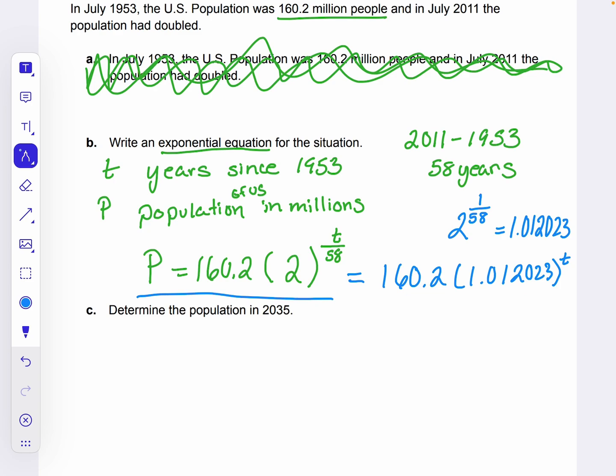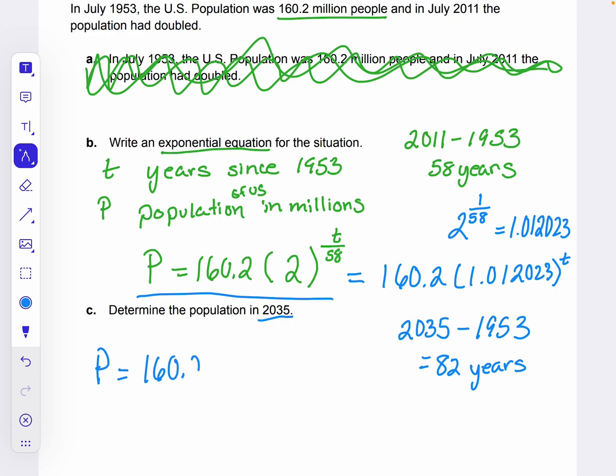Now we're asked, can we use this to figure out the population in 2035? The first thing I need to know is how many years from 1953 is 2035. So I'm going to do 2035 minus 1953, and I find that that's 82 years. This is what I'm going to plug in for t into my exponential equation. So P equals 160.2 times 2 to the 82 over 58.